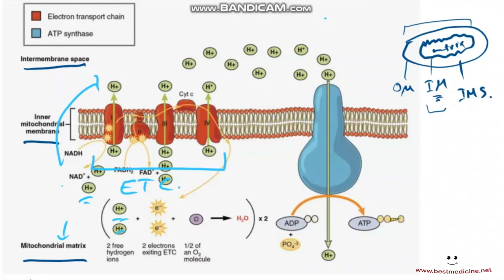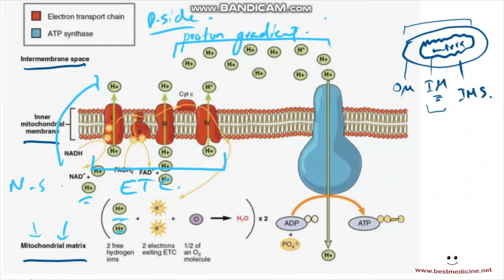It is developing a proton gradient. So lots and lots of protons are being accumulated in the intermembrane space, and this side becomes very positive. There's a proton gradient established. Let me write that down, proton gradient. And so the intermembrane space becomes very, very positive as compared to the mitochondrial matrix. This is referred to as the P side in biochemistry as well. This becomes the P side, and this is the N side.